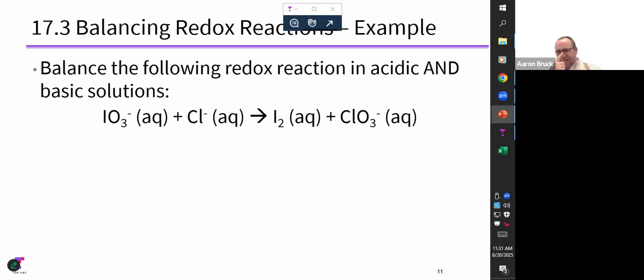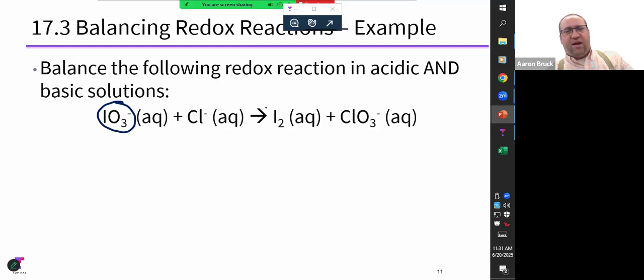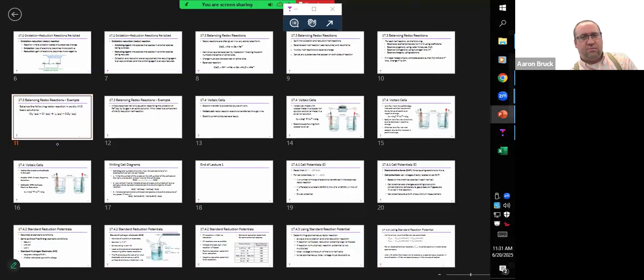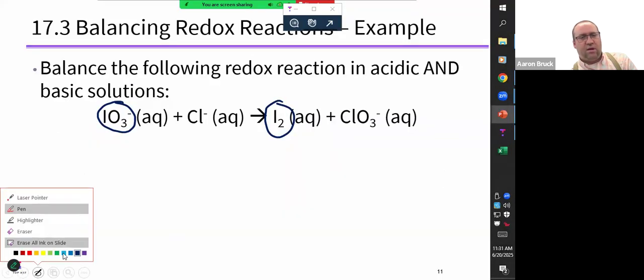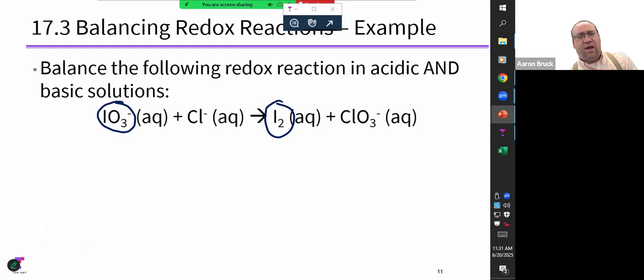So let's take a look at an example. The first thing that we would do is we would split this into half reactions. The half reactions, well, I've got iodate ion and iodine. So that looks like a pair. And I've got chloride ion and chlorate ion.